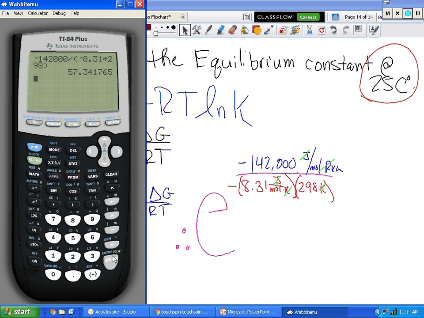Then I'm going to hit second ln and get this thing. Now, if you're on my big one, you can just go up and grab it, pull it back down. But on this, you have to hit second answer, close parentheses, and that should be your answer.